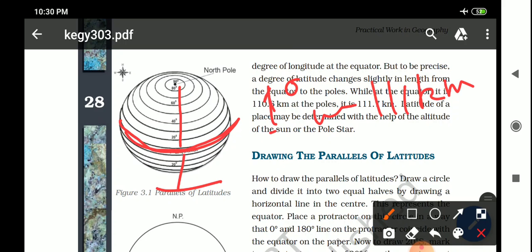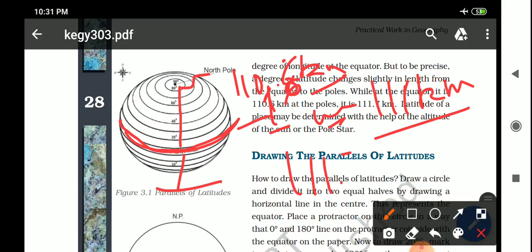Clear? But since it is oblate spheroid in shape, the length of the latitude varies. At the equator it's closer to 110.6 kilometer, and at the poles 111.7 kilometer. So latitude is a very simple concept.